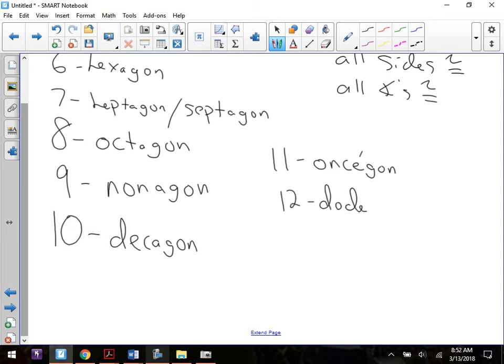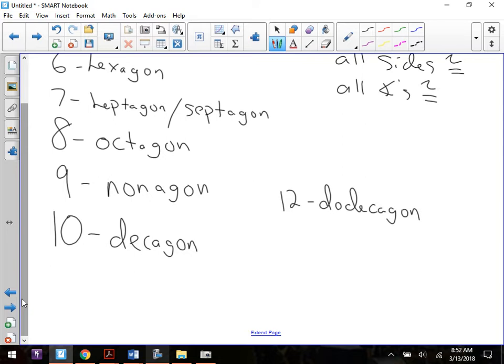Also called a decagon. Like uno is 1 and deca is 10. Those are all the ones that you guys have to know the names of because they say, hey, here's a decagon. You'll have to know, oh, that's 10 sides.